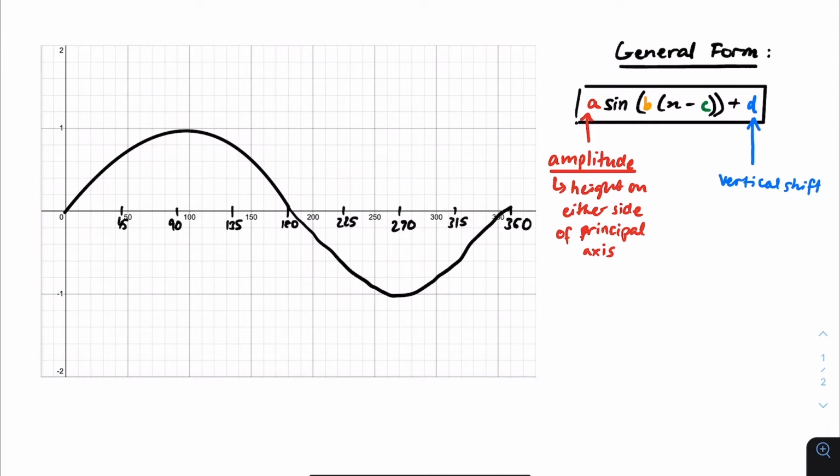So for example, if the vertical shift is 1, instead of starting at 0,0 here, it will start at 0,1. And the maximum at 90 degrees would not be at 1, but it would be at 2. And then the 180 degrees will be at 1, 270 will be at 0 instead of negative 1 because you're moving everything up by 1 if the value of d is 1.